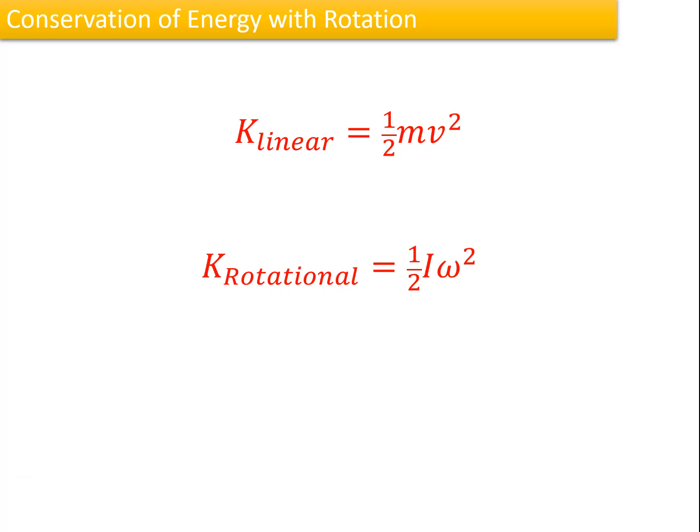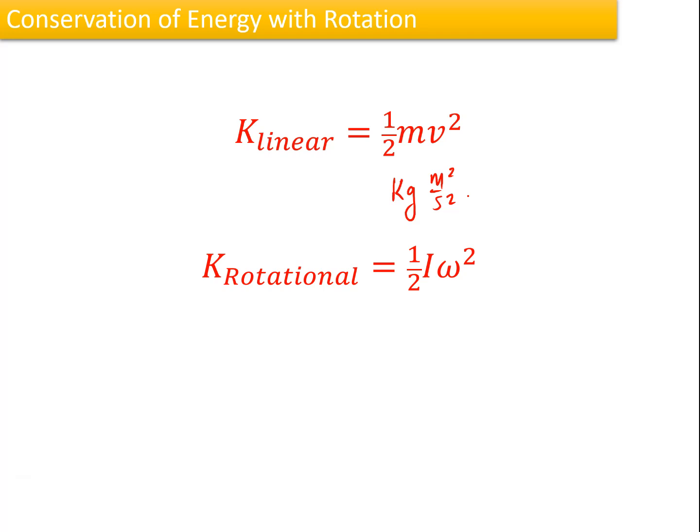And then we developed an equation that was similar to our linear kinetic energy equation. We had our linear kinetic energy as 1/2 mv squared, and a new rotational kinetic energy, which was 1/2 the moment of inertia times omega squared. Then we did a quick check to see if our units work out. Our units of kinetic energy were kilogram meters squared per second squared.